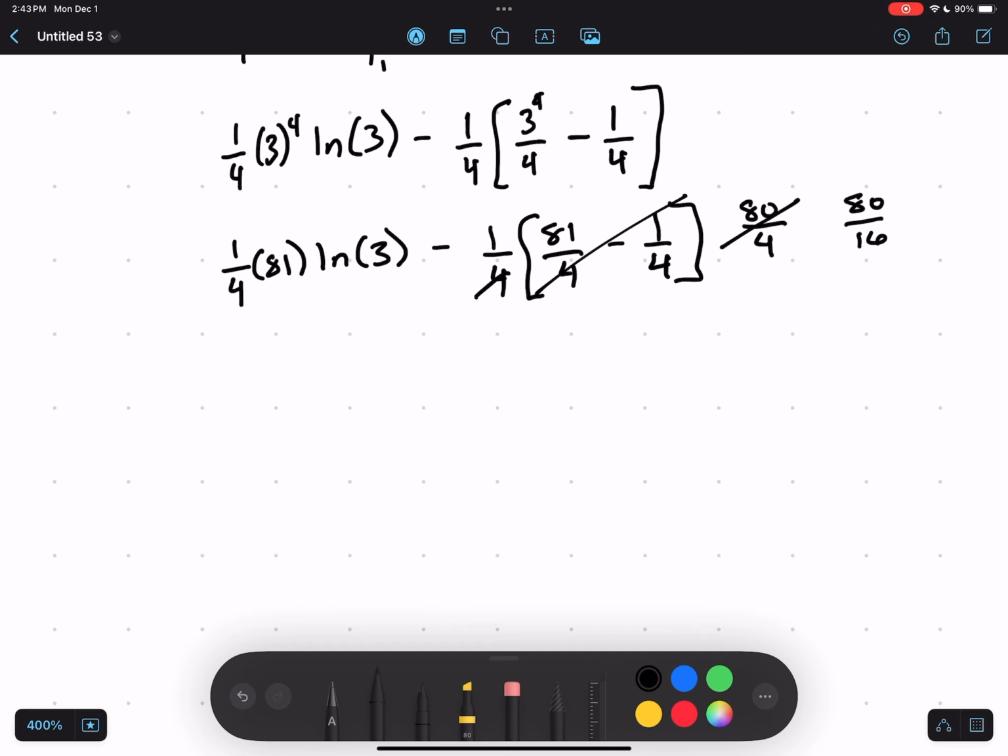And that once again simplifies to 5. So what this really is 1/4 times 81, which we can go ahead and solve. We'll just say 81 over 4 times ln of 3 minus 5. And that is the solution to our integration by parts question.